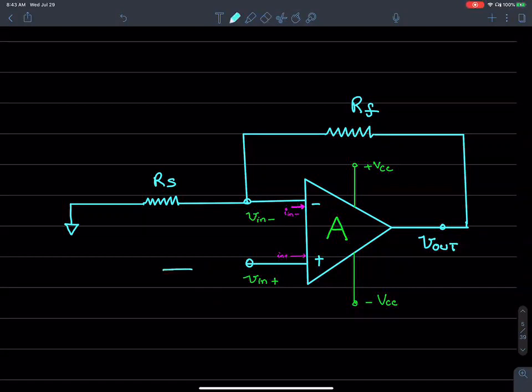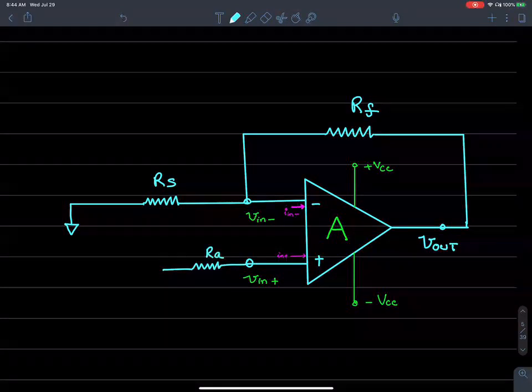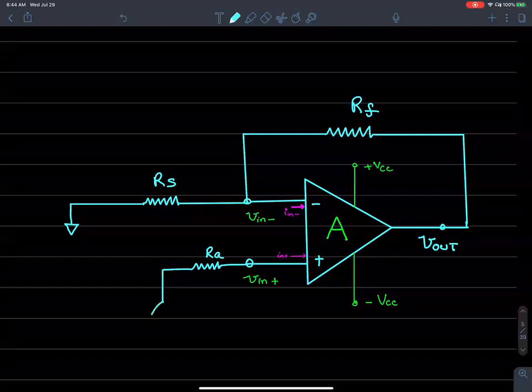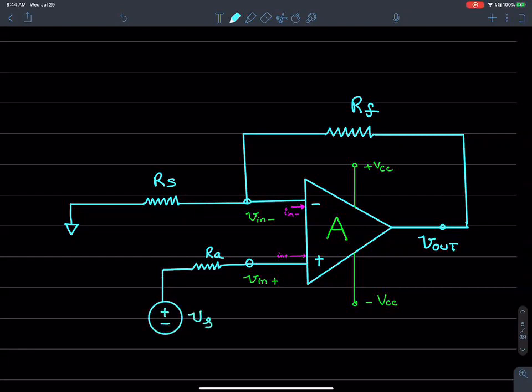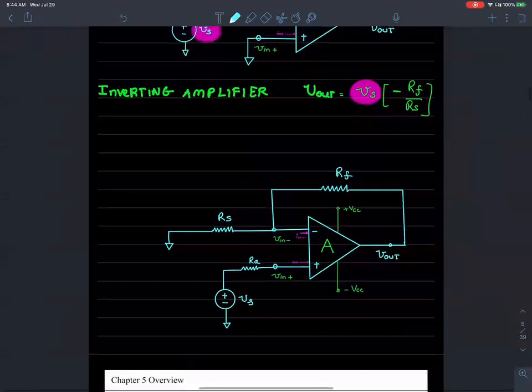What I do is apply a signal to the positive input. So the Vs that was earlier applied to the negative terminal is now applied to the positive terminal. Does that make sense?